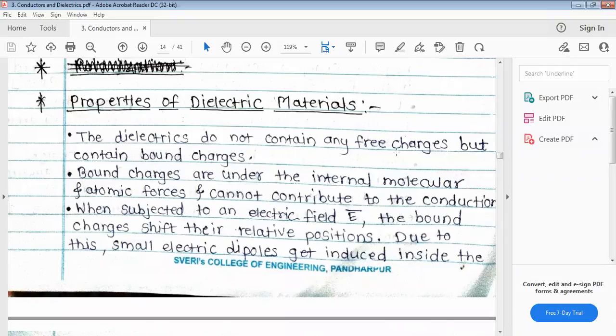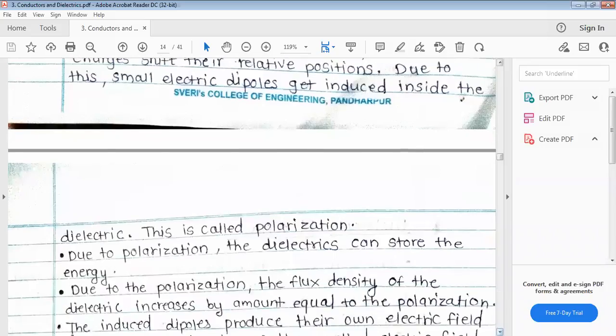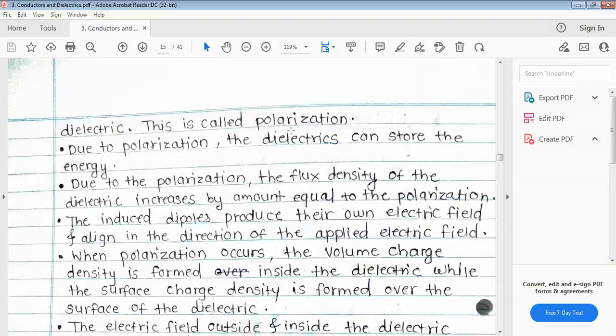When subjected to an electric field, the bound charges shift their relative positions. When we apply the electric field, these bound charges shift their positions, and due to this, small electric dipoles get induced inside the dielectric, and this is called polarization.